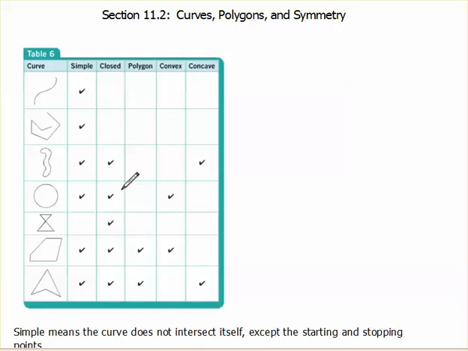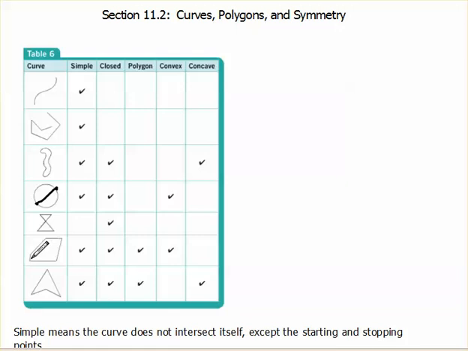What that means for convex is they are curves that are simple and closed, and if you were to draw a line segment between any 2 points, the line segment would be completely inside the figure. So you'll notice that these two are convex, meaning no matter which 2 points I use on this curve, if I draw the line segment between them, that line segment lies entirely within the figure.